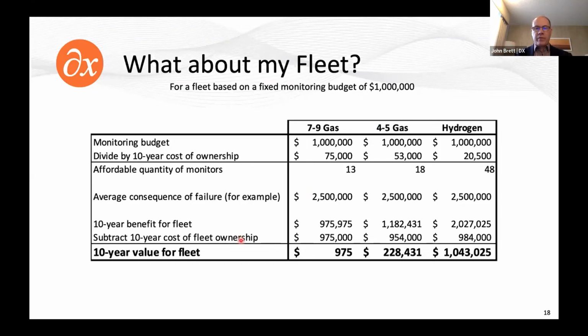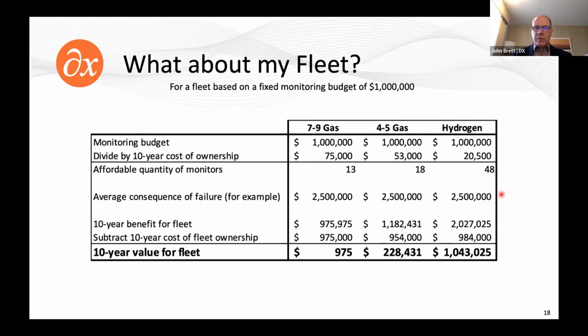And let's say I have a fleet of, well, in this case, I'll say 48 transformers, and let's say the consequence of failure is high, $2.5 million, and can be higher. It might be lower, depends how you deploy it. And again, I'm taking a very simplistic approach here to really exaggerate the point.